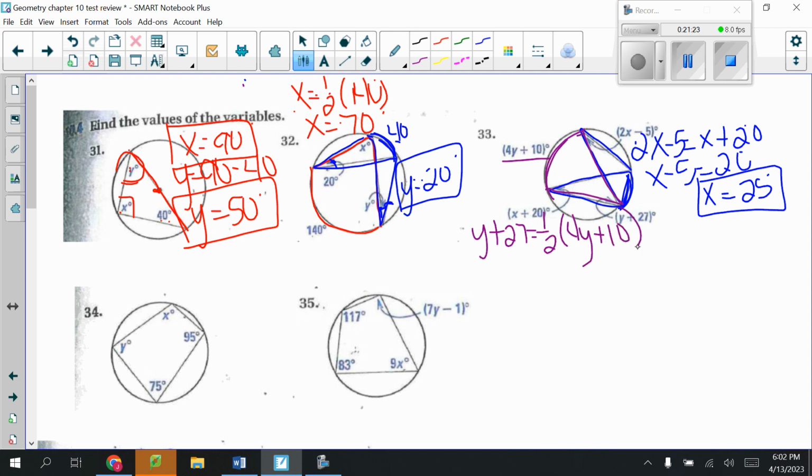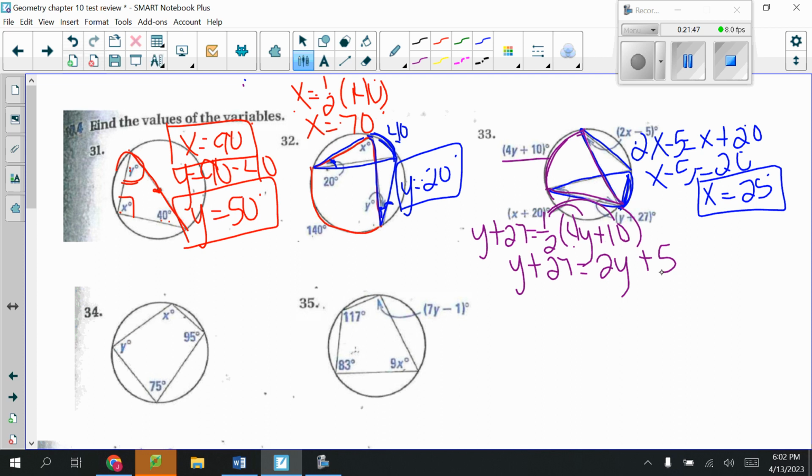If I want to get rid of this 1/2, I could either multiply everything by 2, but then I have to multiply everything over here by 2, or I can just distribute. Since these are nice numbers that 1/2 will go into, let's just distribute the 1/2. So we get y plus 27 equals, so half of 4y gets me 2y, half of 10 gets me plus 5.